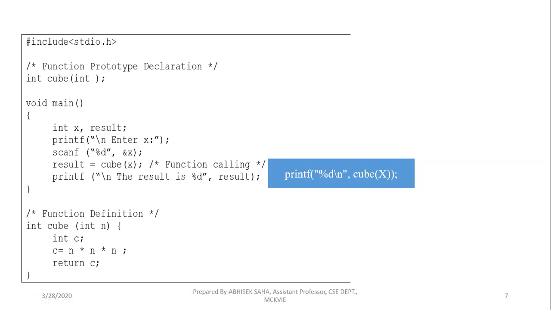In this program, we have only one parameter, that is x. If my function has more than one parameter, then I have to write the data types of more than one parameter within this parenthesis, and they should be separated by comma.